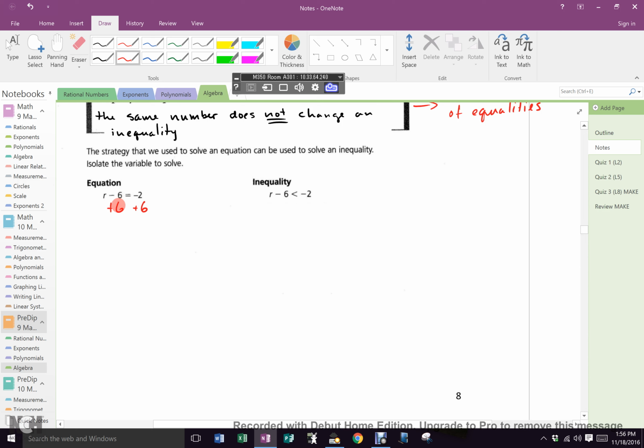If I add 6 to this side, I make that side 6 heavier. I better make this side 6 heavier or it's not going to be equal anymore, yeah? Okay. So I do that and I get R equals 4, right? How many correct answers are there to an equation? 1. 1 correct answer.